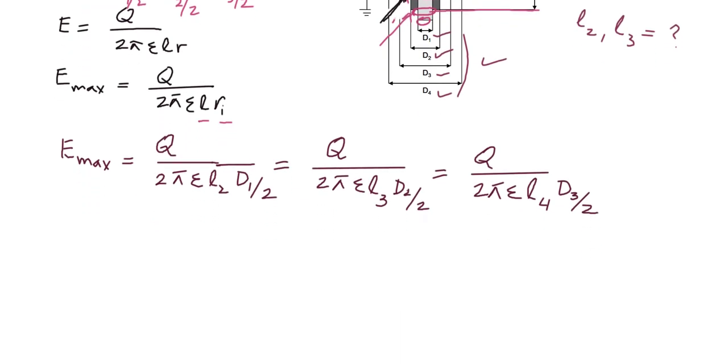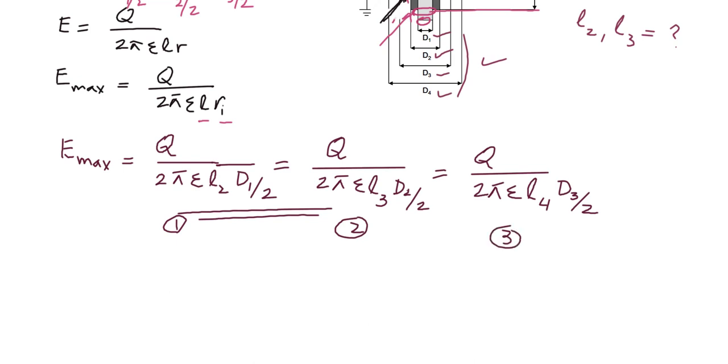Now if we equate the first two, we can see the charges will also be equal, because we will have the same amount of charge on each of the layers, so on each of the interfaces. So charges are equal, 2 pi epsilon is equal. And now when we equate these, 1, 2, and 3.